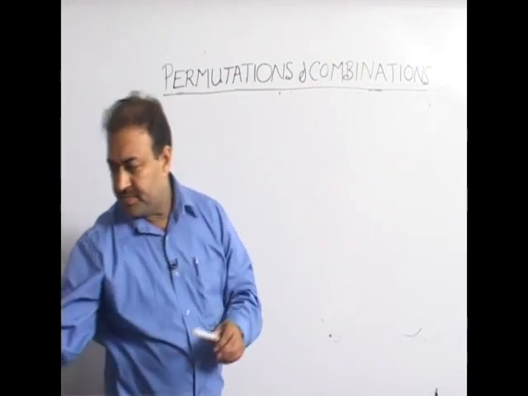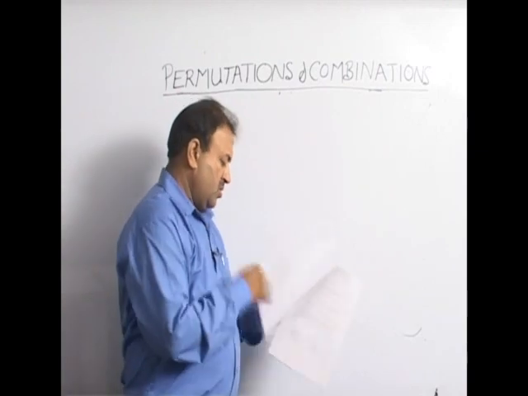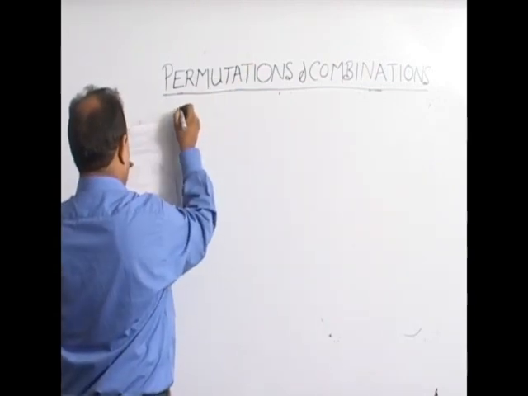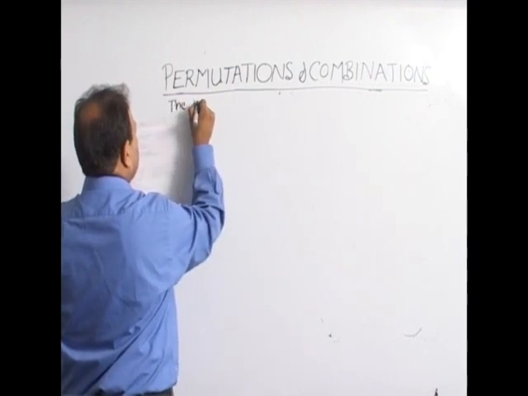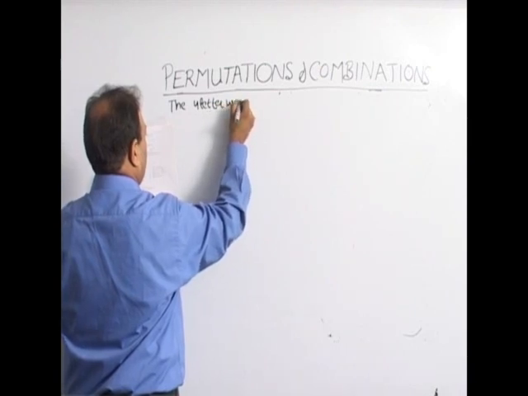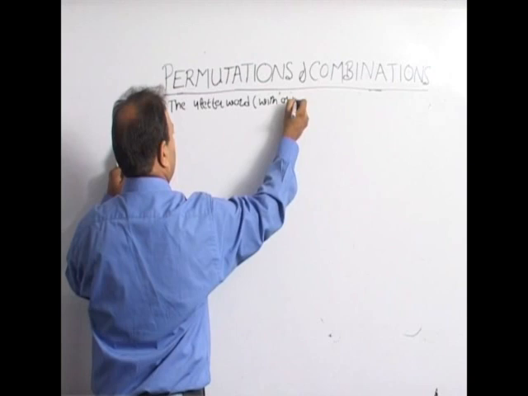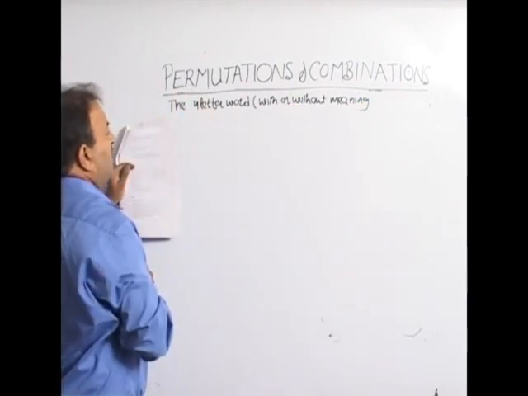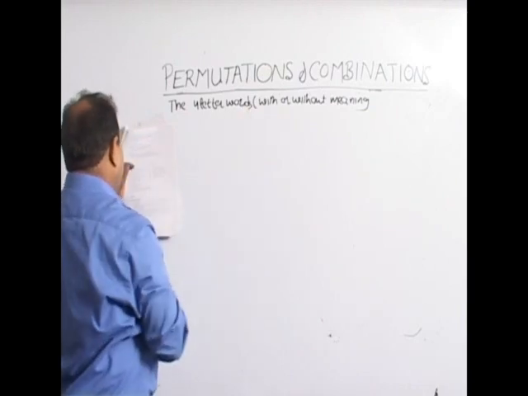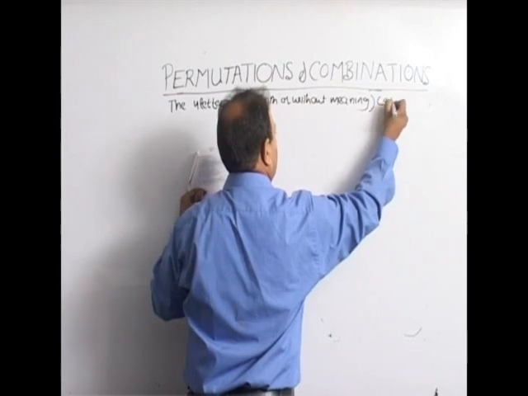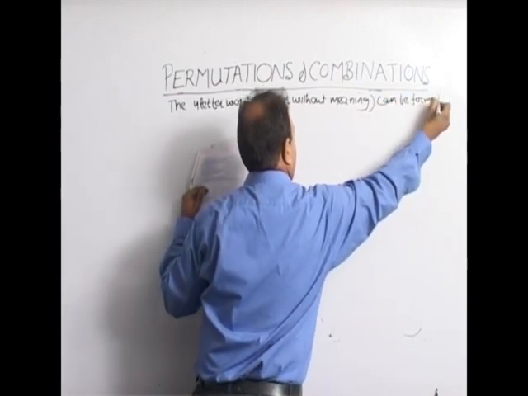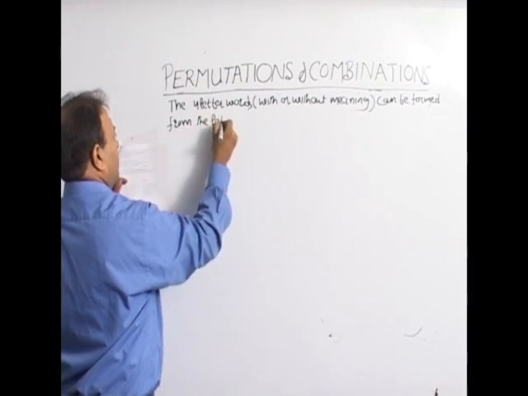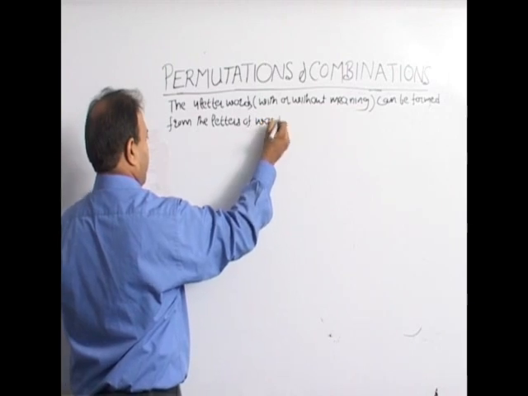Now the next problem is: the 4-letter words, with or without meaning, can be formed from the letters of the word logarithms.